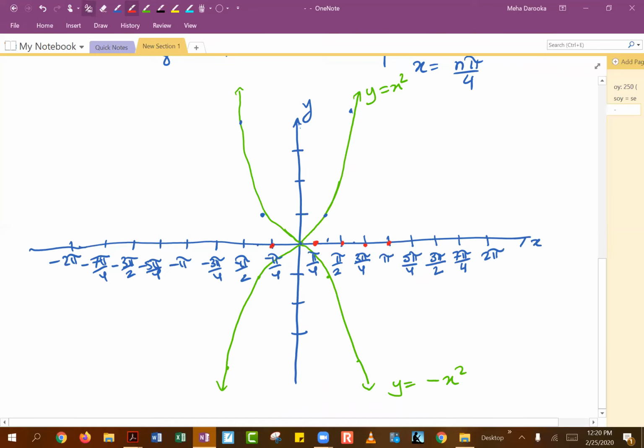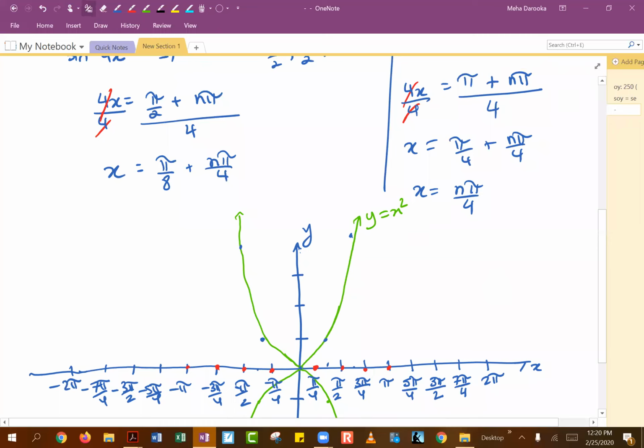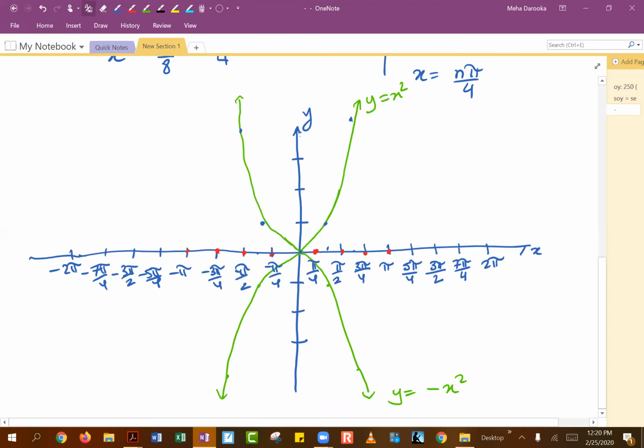So the same thing is going to happen on the left-hand side. Now, at pi over 8, and then with multiples of n pi over 4, it's going to be touching these curves of x squared and negative x squared. So we know pi over 8 is basically the halfway point between all of these, right?